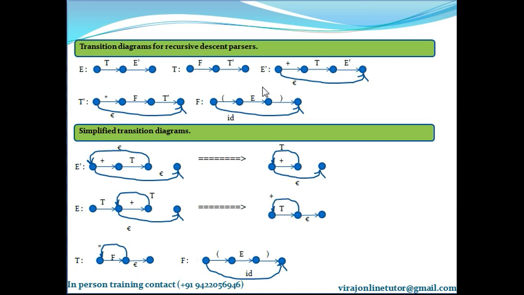For T, it was F T dash. So F and T dash. So what is the optimized form of T dash? Just like how I converted E dash, similarly T dash is converted. These are just optimized simplified transition diagrams.